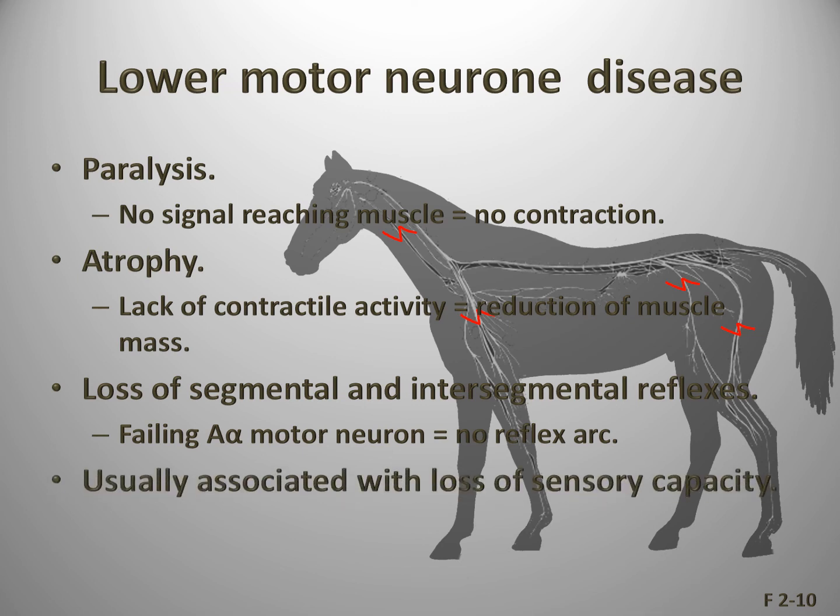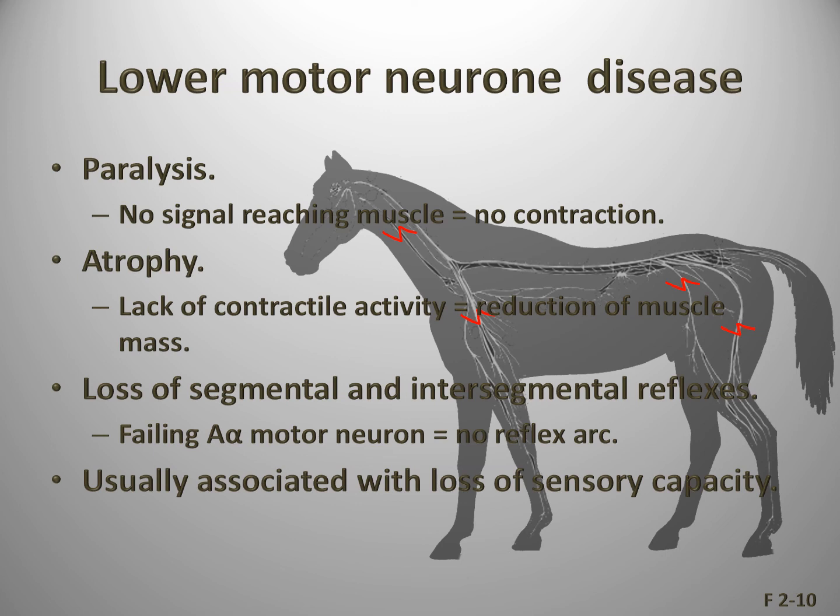The lack of reflex can also be due to damage in the sensory pathway. Usually, if the problem is due to trauma, most likely both afferent and efferent nerves will be affected.